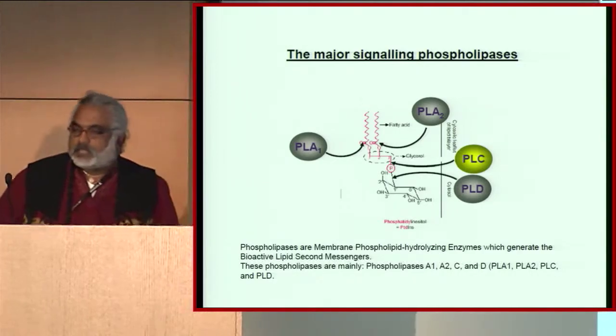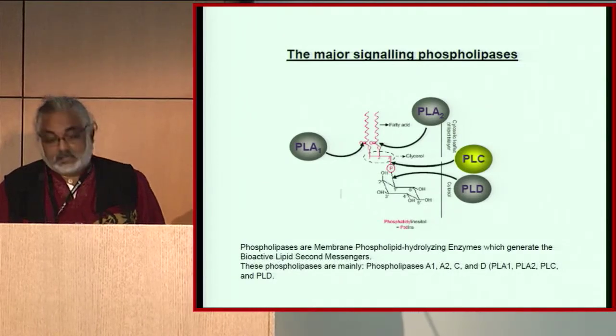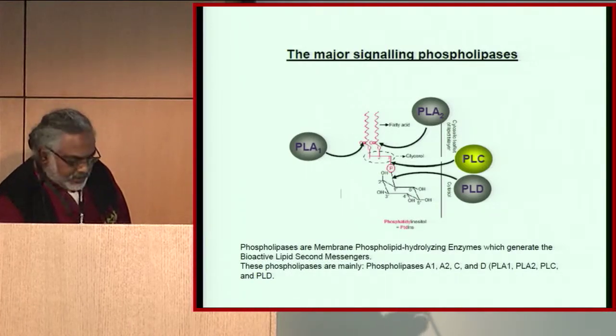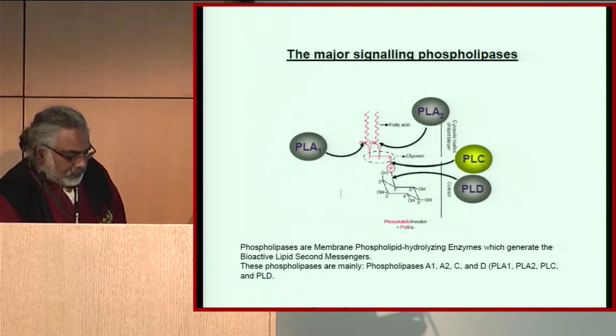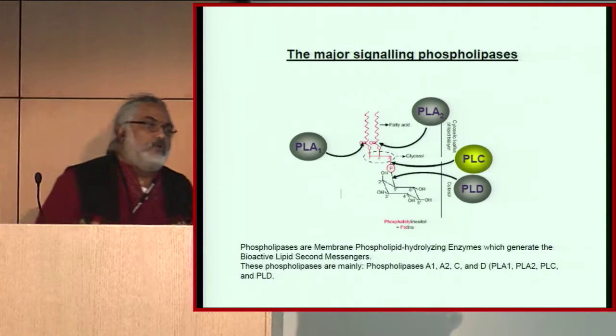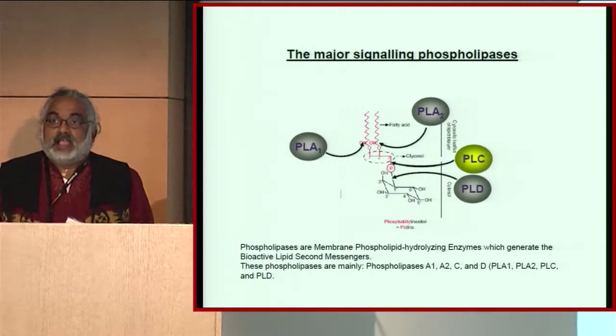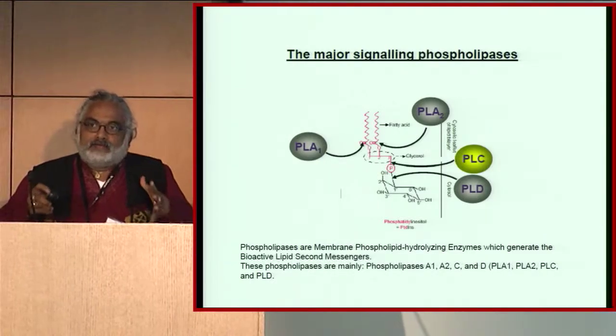These are housekeeping enzymes as well as signaling enzymes, and they maintain a very tight metabolic function. For example, phospholipase A2 is very crucial for eicosanoid generation, that is, prostaglandins or leukotrienes. It is very strictly regulated.